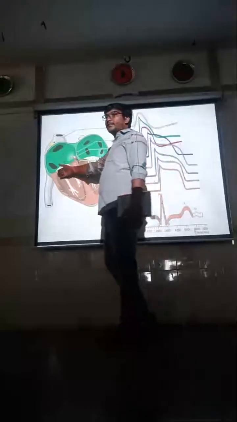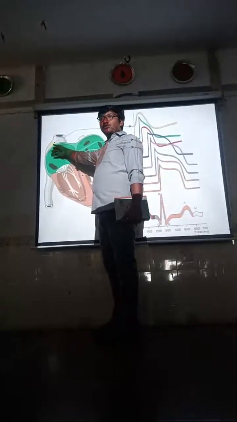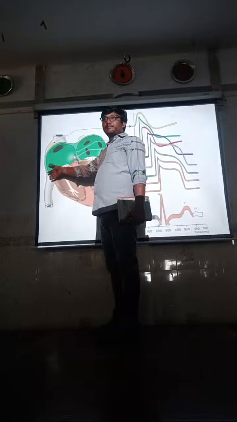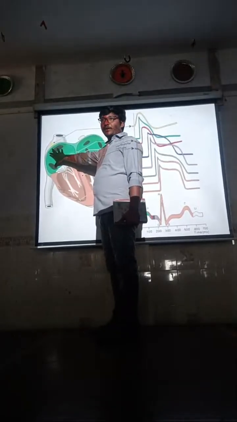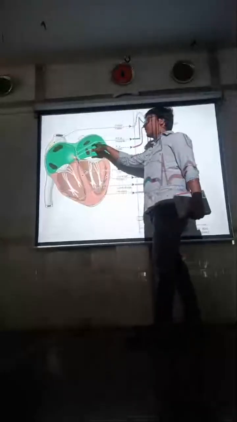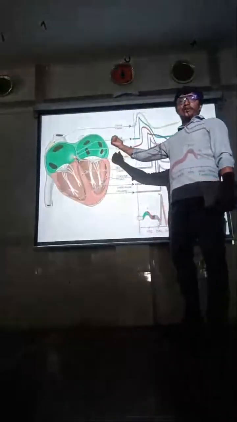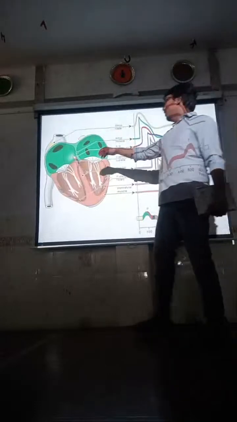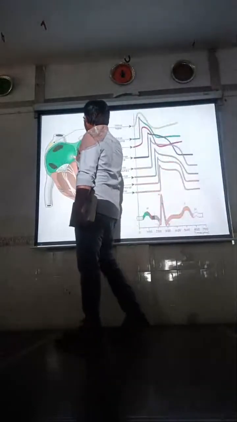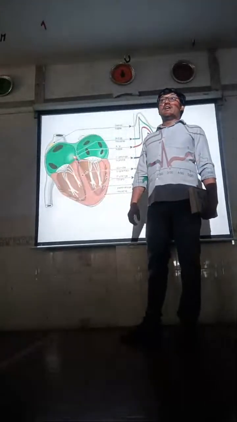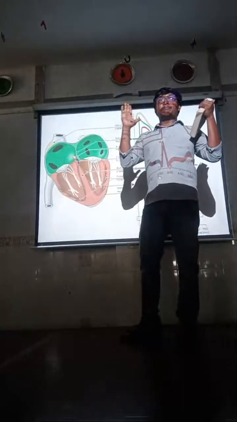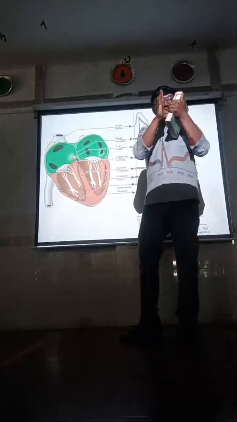Here also 2 veins are there. The superior vena cava orifice is larger compared to the pulmonary veins orifice. You can spot the difference here itself. Now these orifices are narrowed, so that means the pathway is narrowed.